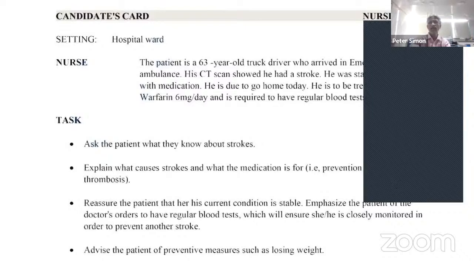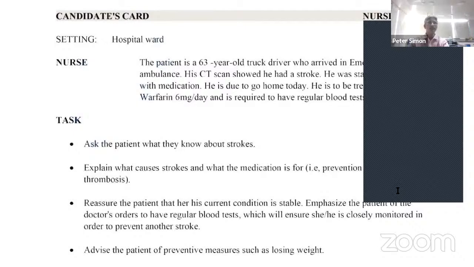So number 1 is eliciting the information from the patient regarding his prior knowledge about a stroke, what he knows about it. That is task 1.